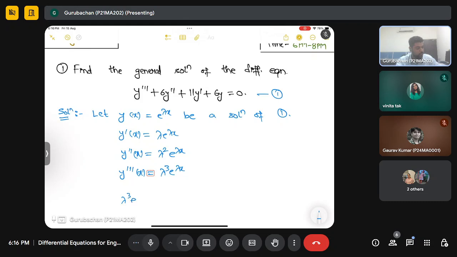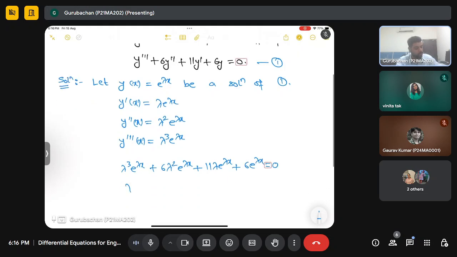Lambda cube plus 6 lambda square plus 11 lambda plus 6, into e to the power lambda x, is equal to 0.